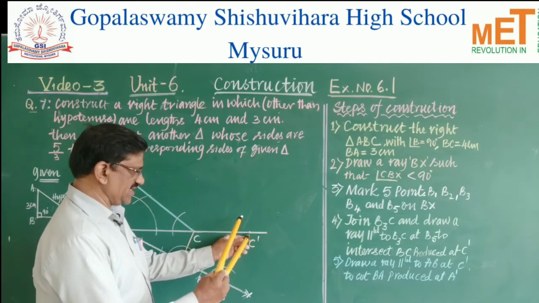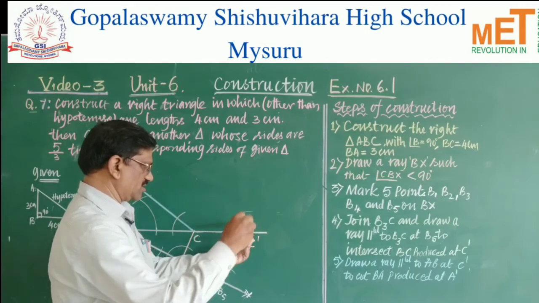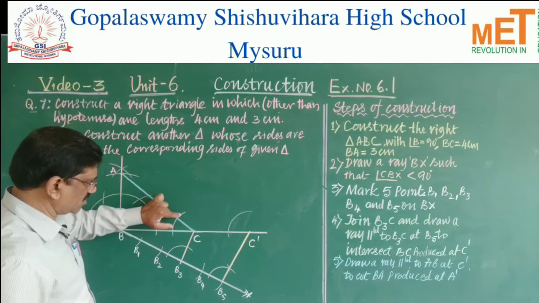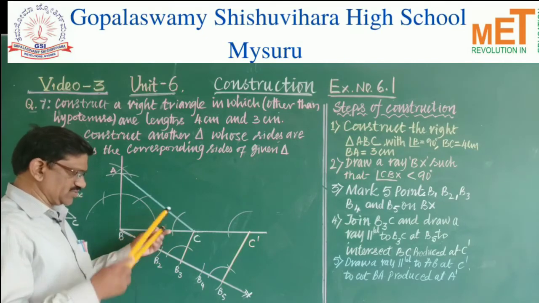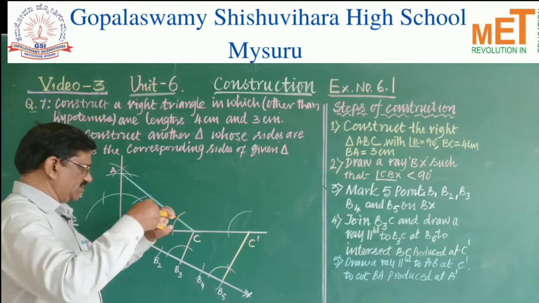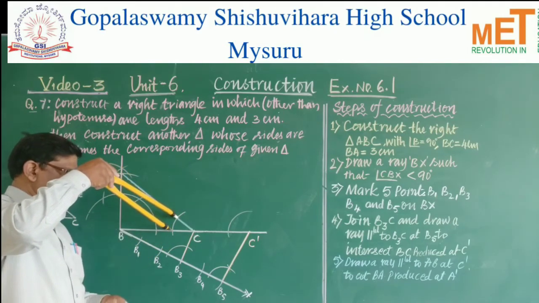Now consider C dash as a center, draw the arc. Now measure the distance on the arc between these two lines. What is the distance between these two lines on the arc? You measure it. Okay, you see here, this is the distance.